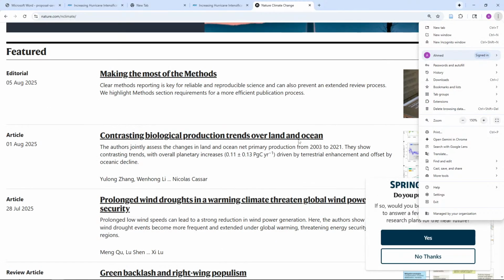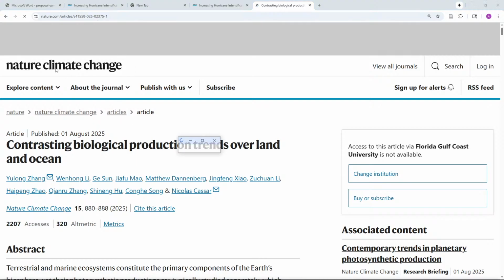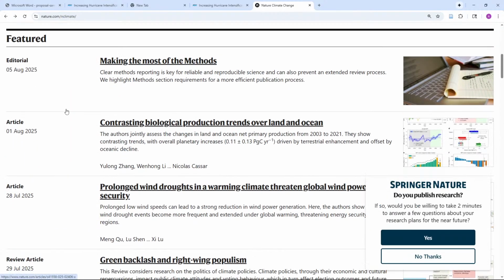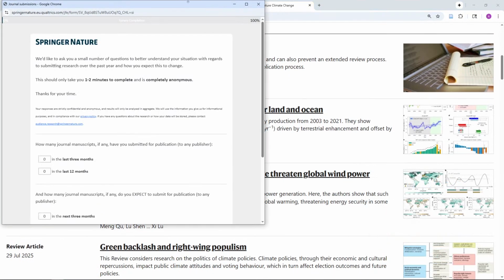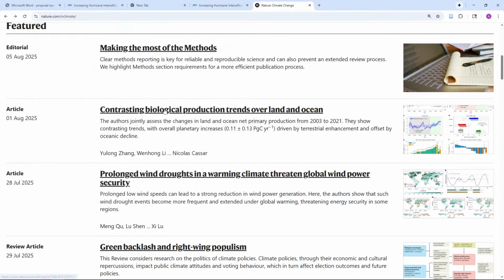See, the title here is very short, because this is a general journal. It should be something very short that a general reader in this field should understand. Constructing biological production trends over land and ocean. See, the title is very short. It tells you what the article is about, and it is informative.